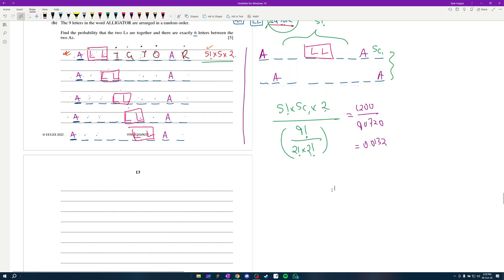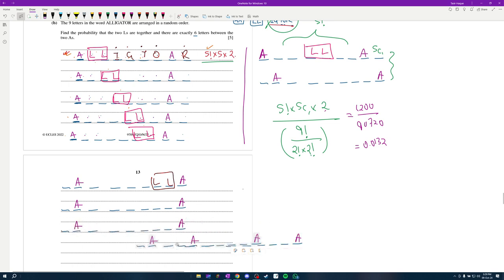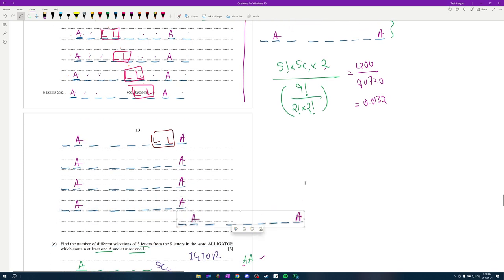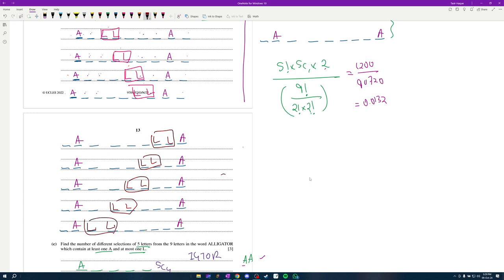For example, the same thing would apply over here. Look, the L's would have 5 spots. I just want to make things clear for you guys. It could be over here, over here, over here, or here. It's 5 ways for the L's.